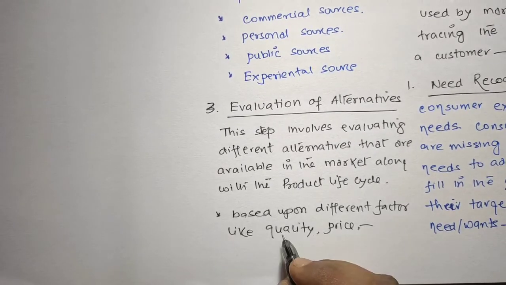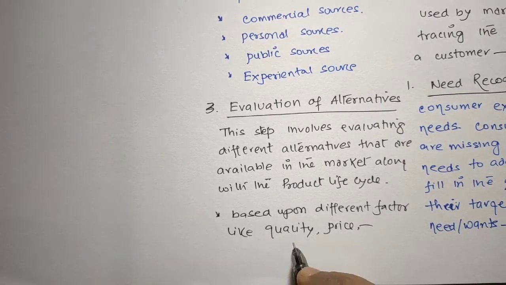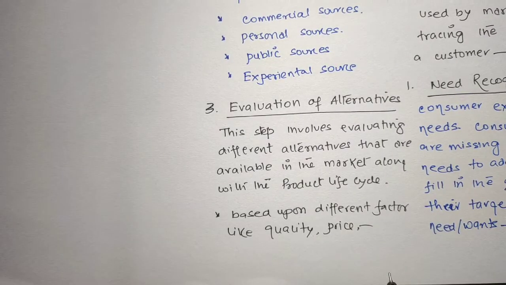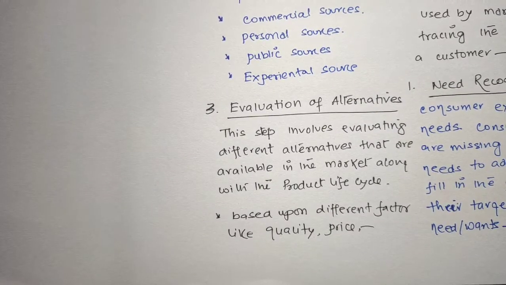They may compare price and read reviews and then select a product which satisfies their parameters the most. This is about evaluation of alternatives.